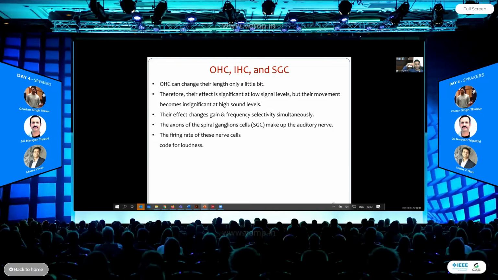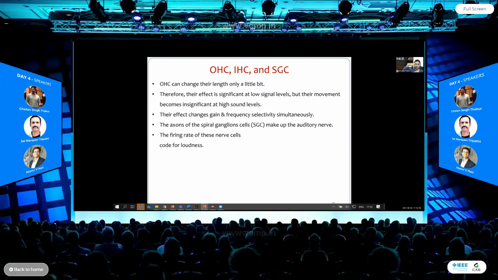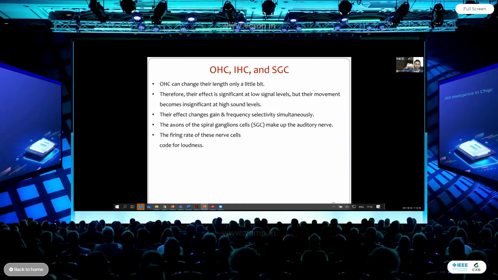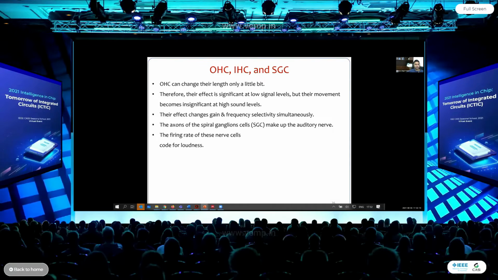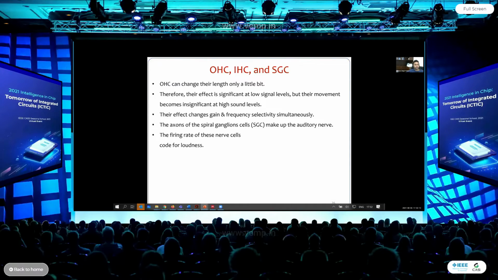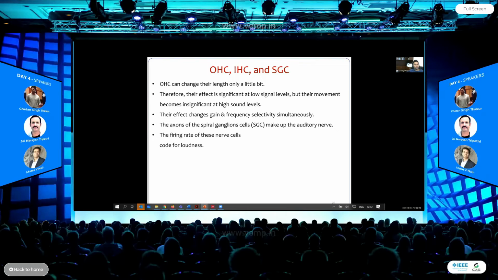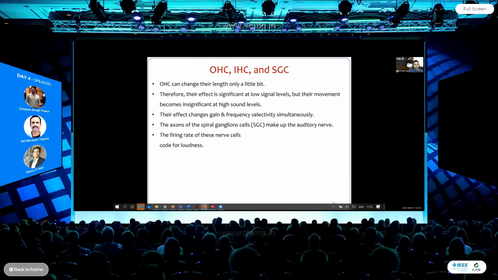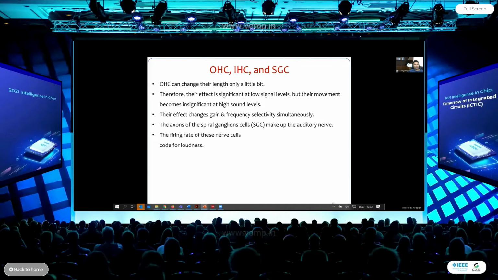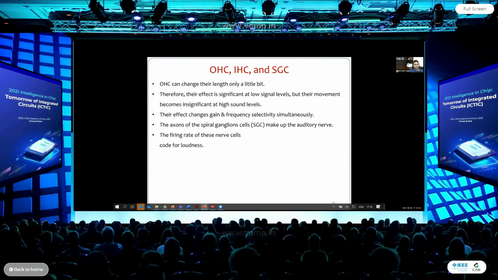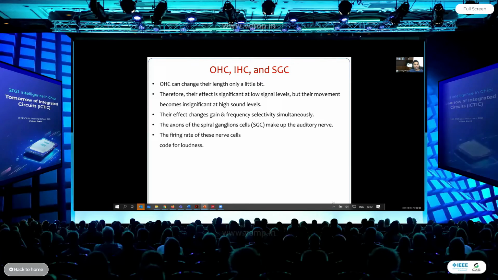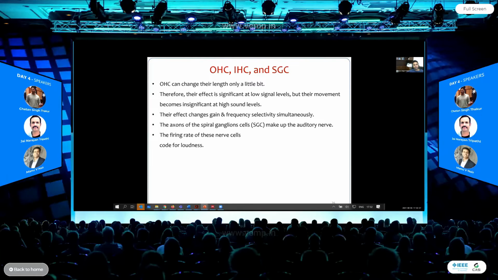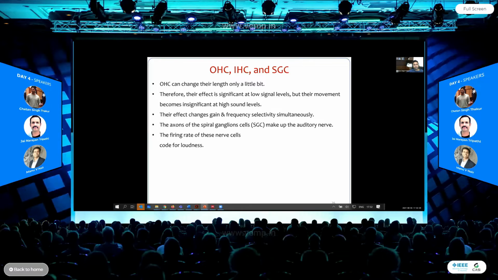On top of that, you have the inner hair cells, and whenever this vibration touches the inner hair cells, they generate a spike, right? Outer hair cells control the gain of your basilar membrane dynamically. And then you have the spiral ganglion cells, whose axons converge into the auditory nerve. So let me show you in the next slide.